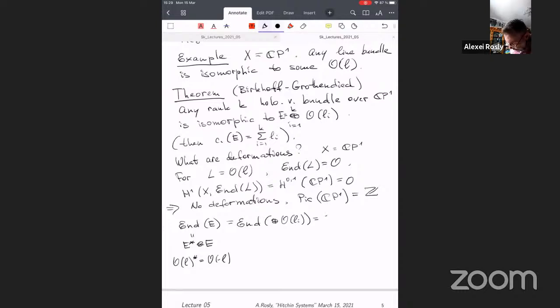What we obtain is the direct sum over i and j of O(L_i minus L_j). This is also a vector bundle, and here we find its decomposition into line bundles. The decomposition is unique up to permutations of terms.